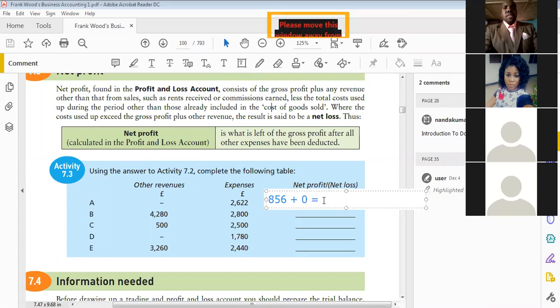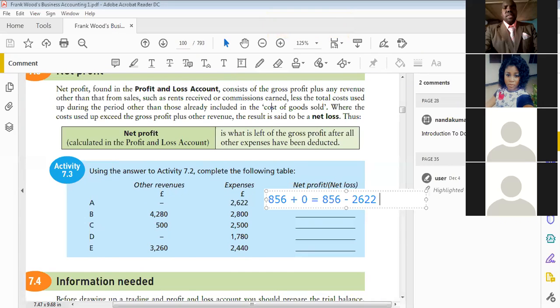So it'll be 856, right? So this now would give you your gross profit plus other revenue, good? From the previous section. Then now you're going to minus the expenses. So you would minus 2622.